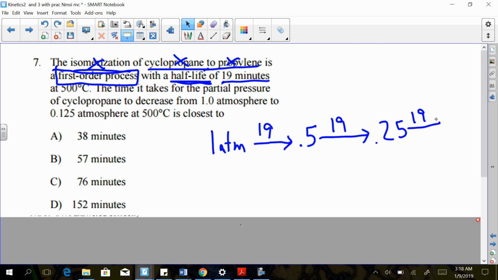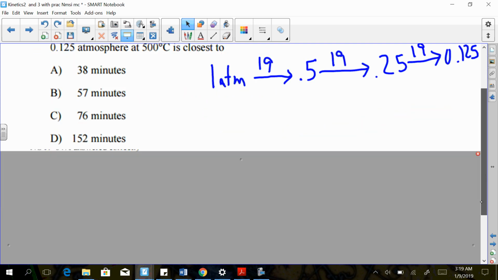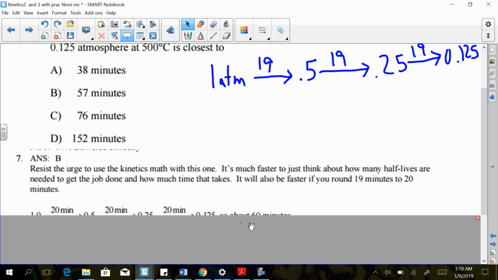Another 19 minutes later, you have 0.125, half again, atmospheres. So we have undergone 3 half-lives, and to find how long, add them all up. And so if you chose B, you are correct.